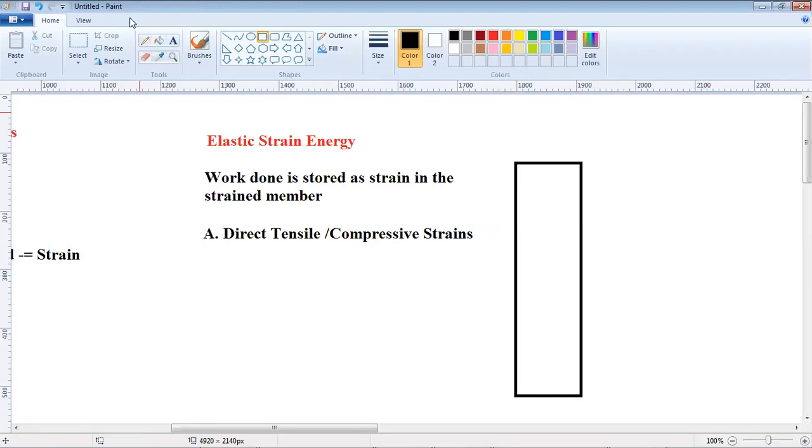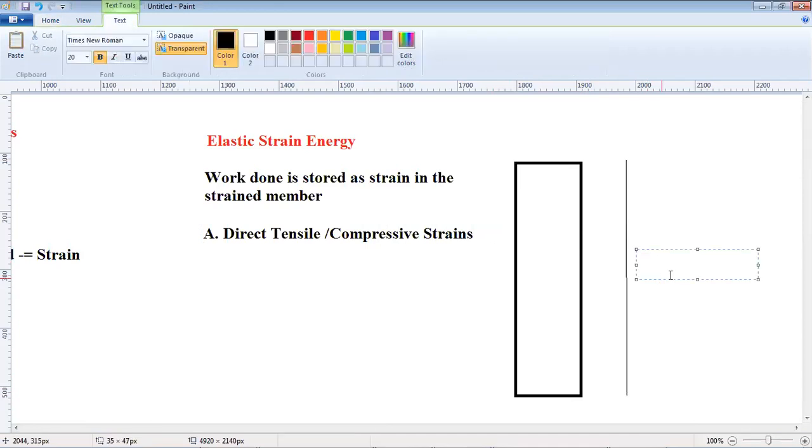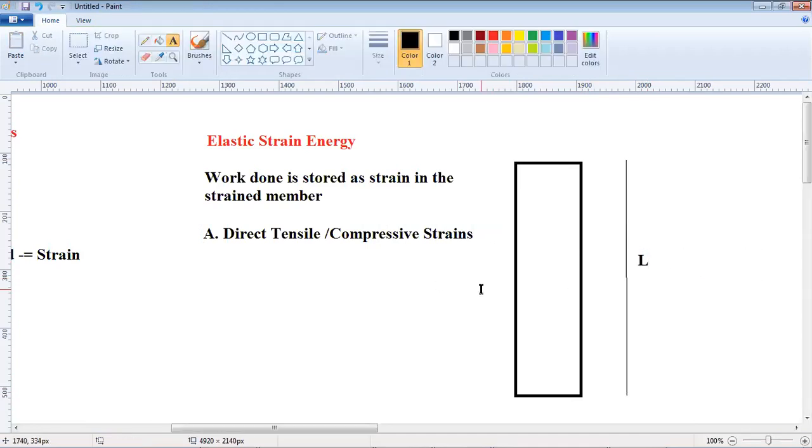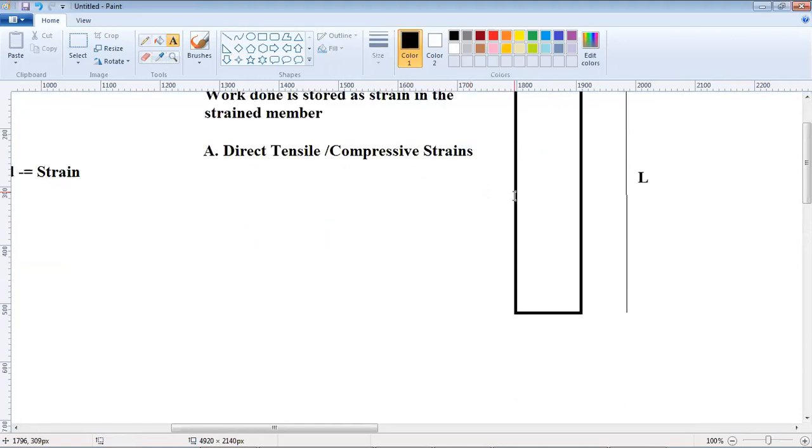Now in this column, if this is of length L, say this is L, then the area of cross section of this column is A. The area of cross section of this column is A. For example, under the load P, if there is a load P acting somewhere here on this column, then what will be the extension in the length under the load P?